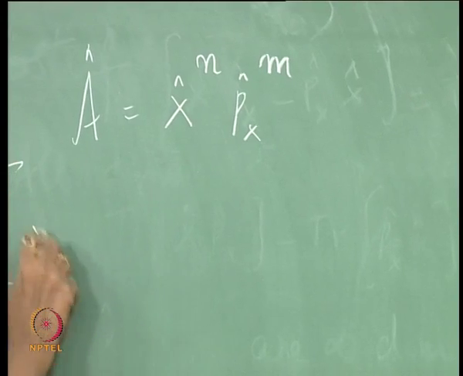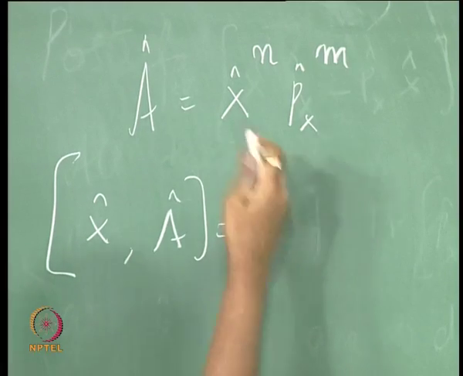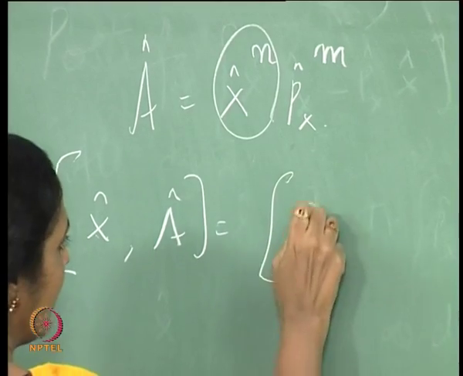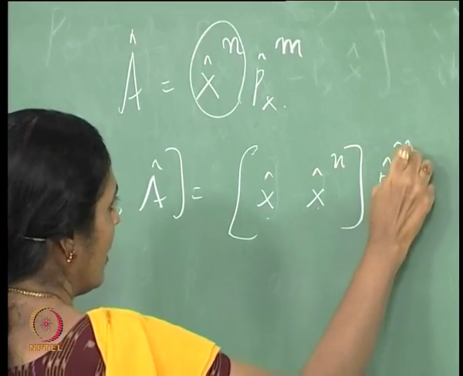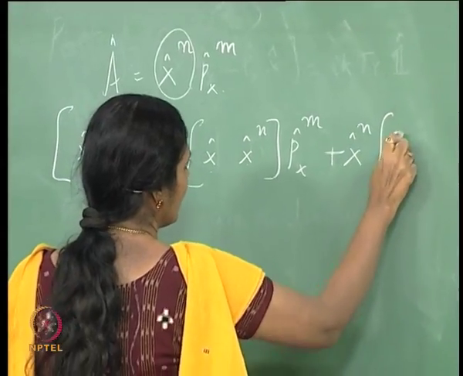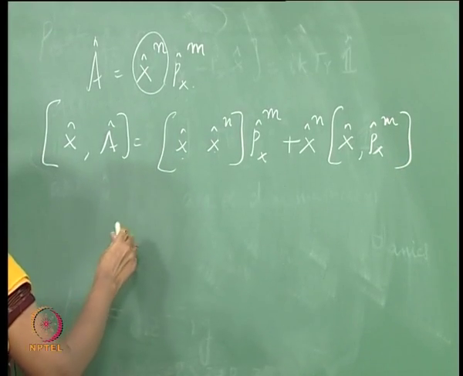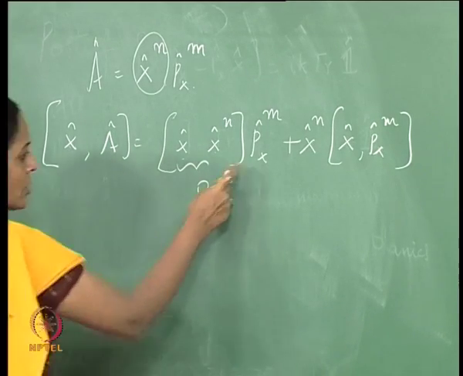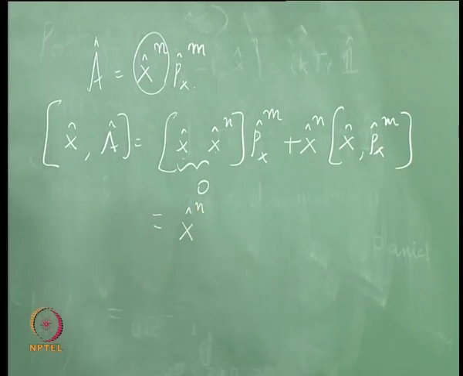And suppose I wish to find the commutator of x with A. Well, by the ABC rule, I could call this B, that C, and this A. This is the same as the commutator of x with x to the power of n, Px to the power of m, plus x to the power of n commutator of x with Px to the power of m. This is 0 because x commutes with itself. So the first term drops out and I just have x to the power of n, and I already have this result.